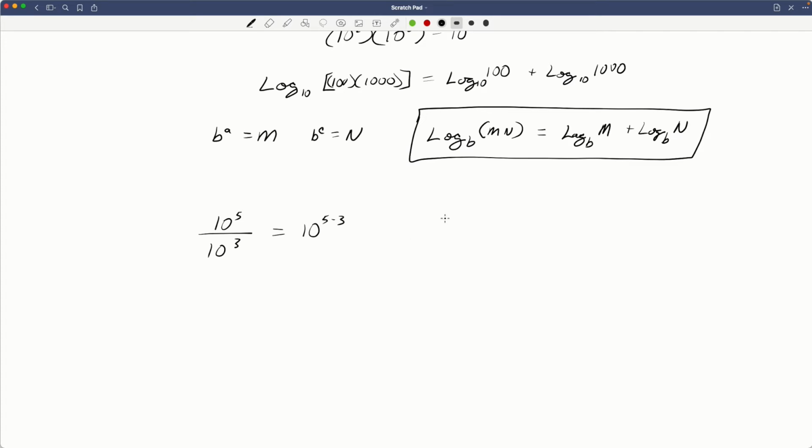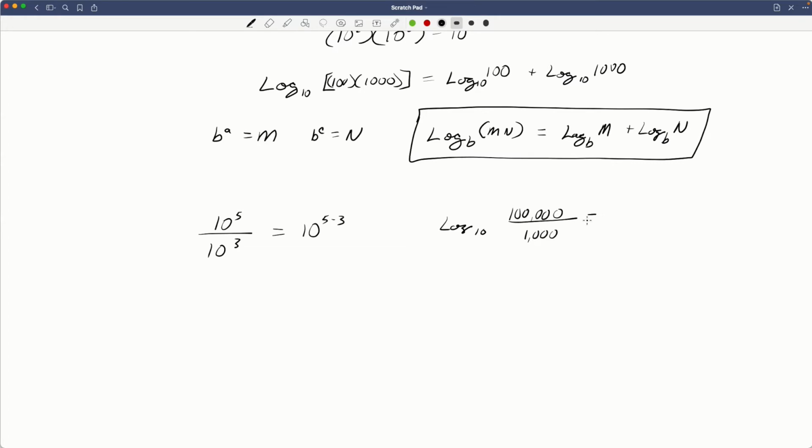So we can actually write that as a logarithm like this. We'd say log the base 10. We would have 5 zeros up here, if I can write 5 zeros correctly, over 3 zeros in the bottom.